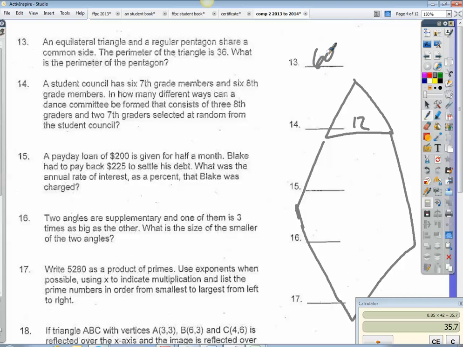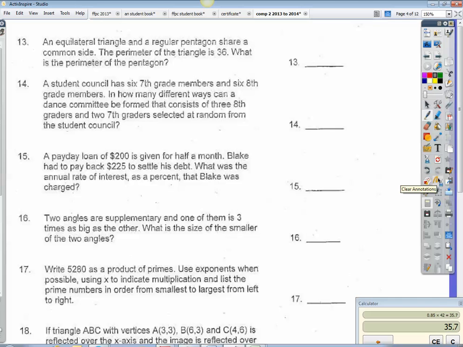Woohoo! All right, student council has 6 7th grade members and 6 8th grade members. How many different ways can a dance committee be formed that consists of 3 8th graders and 2 7th graders selected at random from student council?